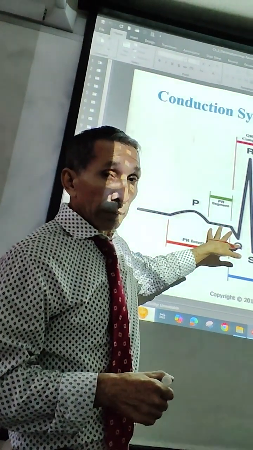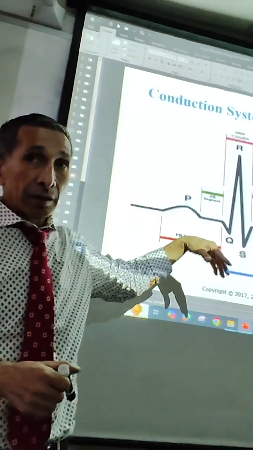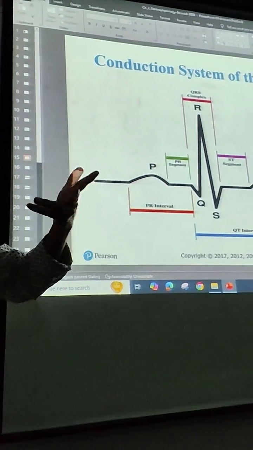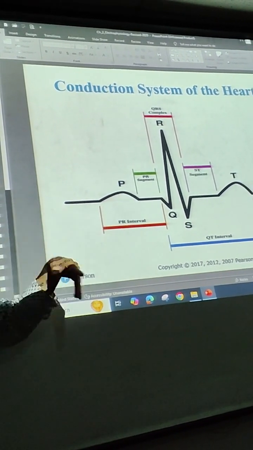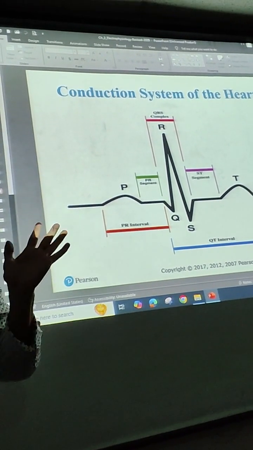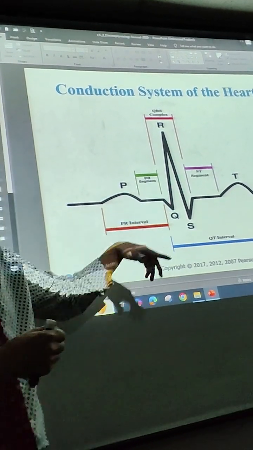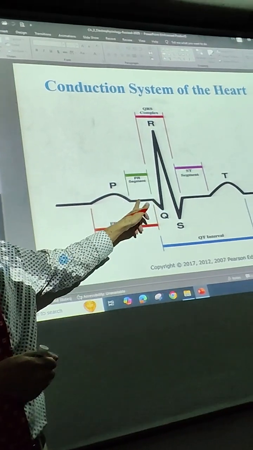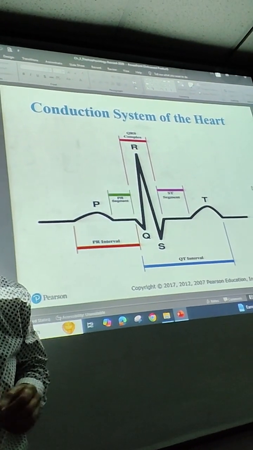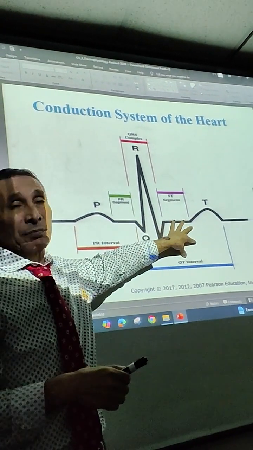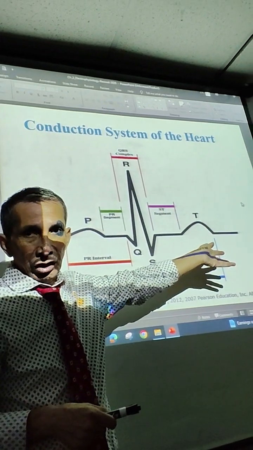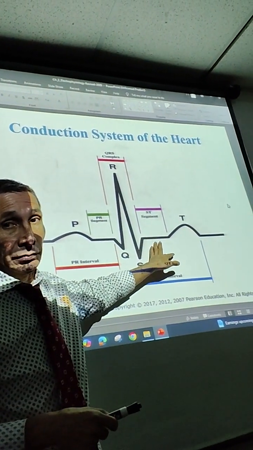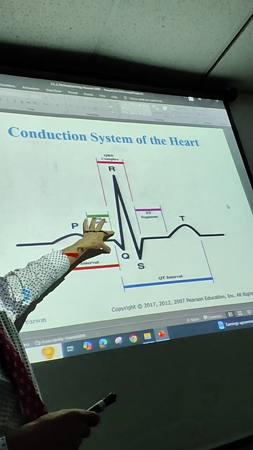Remember, we have three batteries, right? And what is the AV node? What is the function of the AV node? It is the gatekeeper. And what does the gatekeeper do? It stops, it turns off the switch. And this is the pause because electricity is not passing now. So the ST segment is a stop too. This is a stop before it enters complete relaxation of the heart. But this is not the AV node, because the AV node is here.